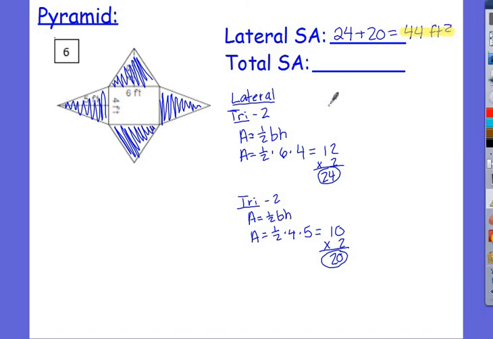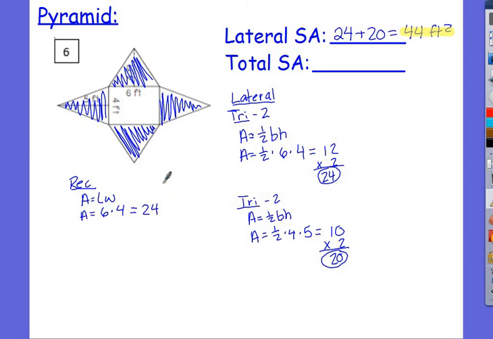So what is the only thing missing out of the total surface area? The base, the bottom, which is a rectangle. So do I have to do all this work over again? No, I'm just going to find the rectangle, the base. What is its length? 6 times 4, 24.